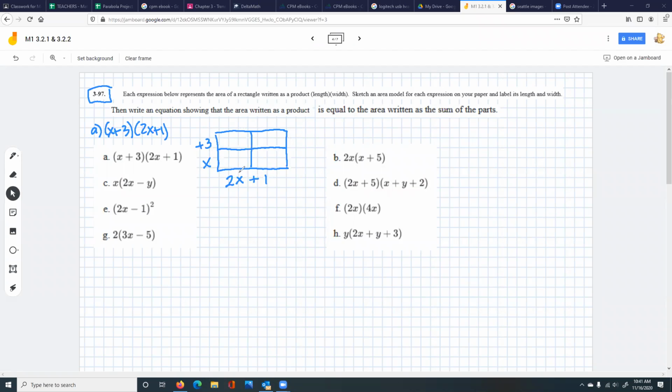So what goes in here? 2x times x is 2x squared. What goes up here? 2x times 3 is 6x. What goes down here? x times 1 is 1x. What goes up here? Positive 3 times positive 1 is 3. Always look for like terms. Here, these two are like terms.